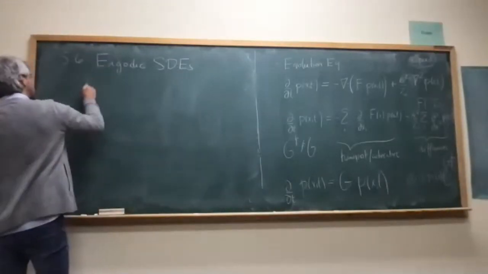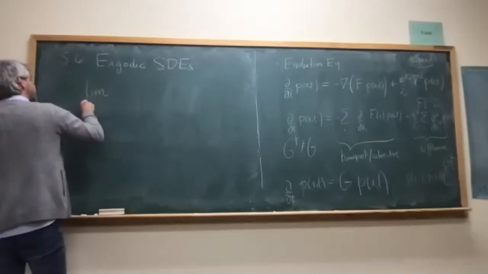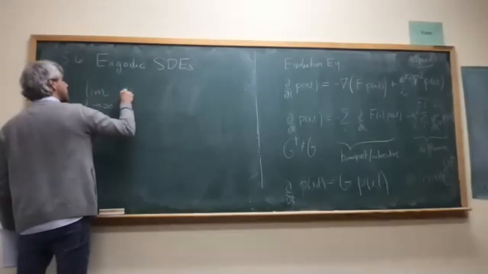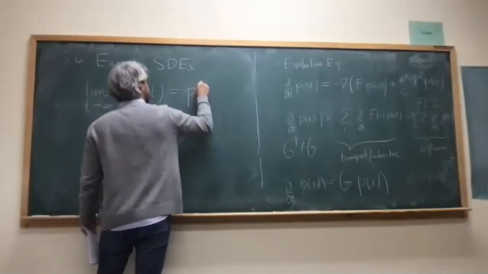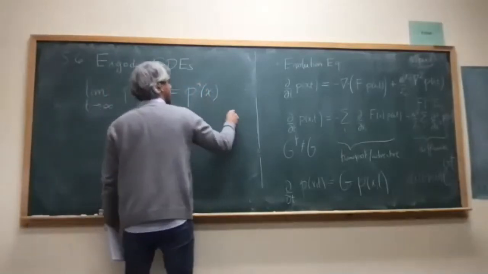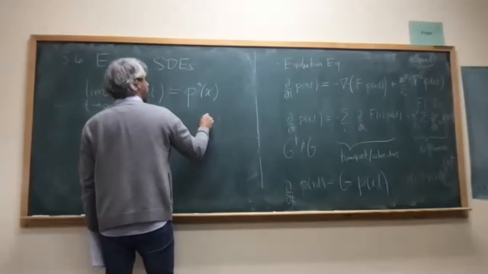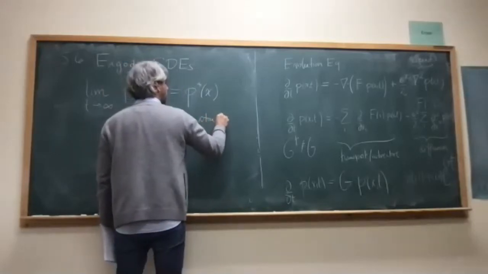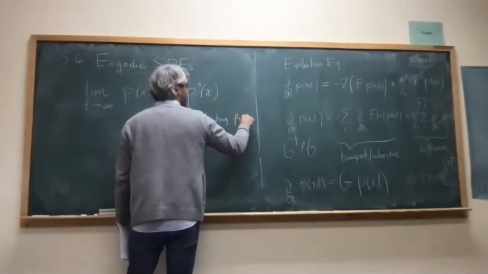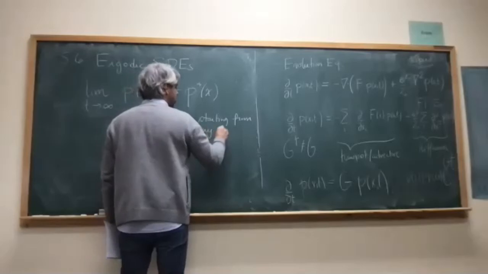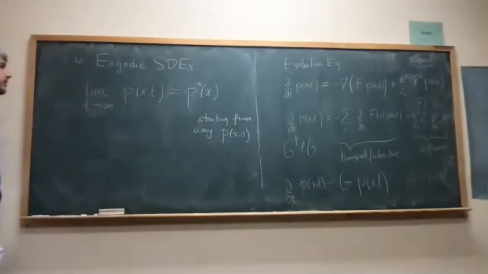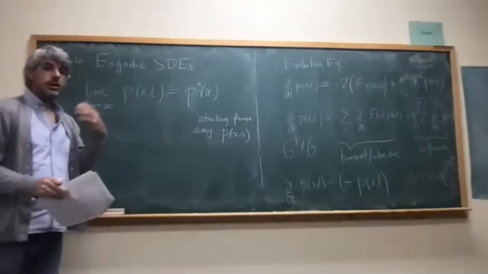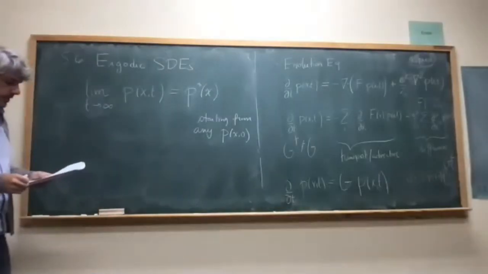So an ergodic process will be a process such that if you take the long time limit of this, then you get a stationary distribution starting from any initial distribution. If you have this property, if you're dealing with an ergodic system, we could give conditions for a system to be ergodic, but we're not going to do this because it takes too much time.